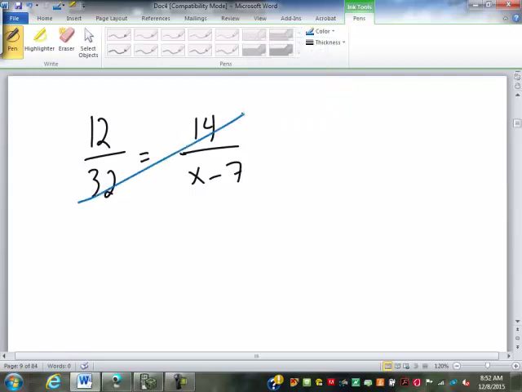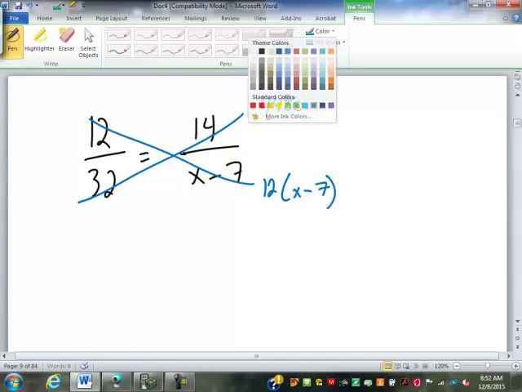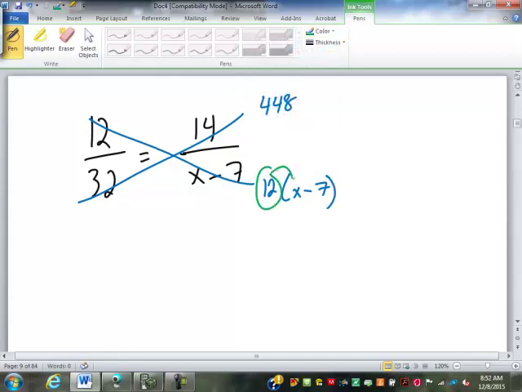So 32 times 14 is, what's that? 448. Going this way, I have 12 times x minus 7. I'm going to write it as 12 times x minus 7. I'll do this. 12 times x is 12x. 12 times negative 7 is negative 84 equals 448.